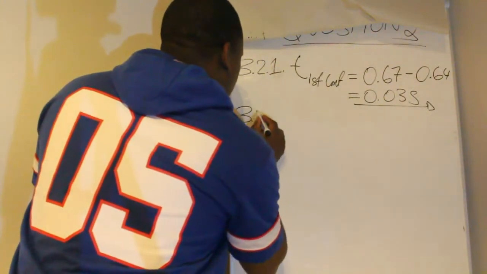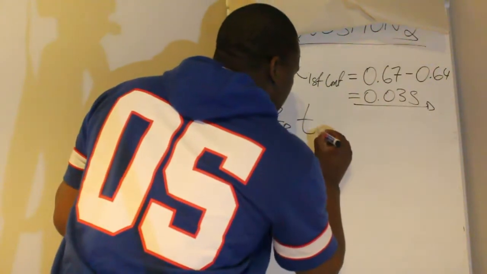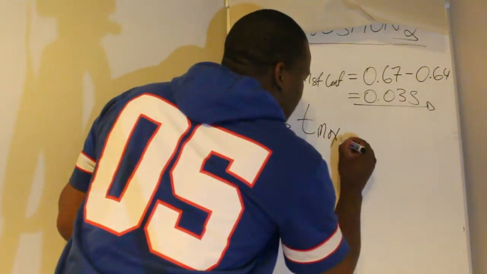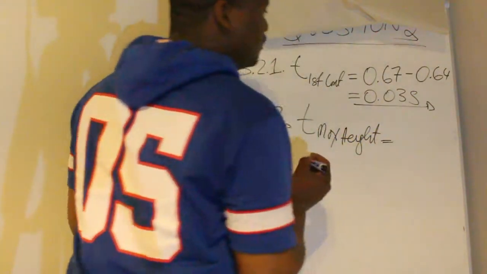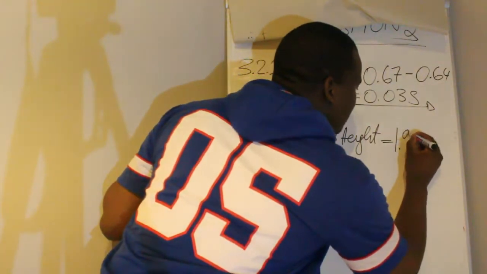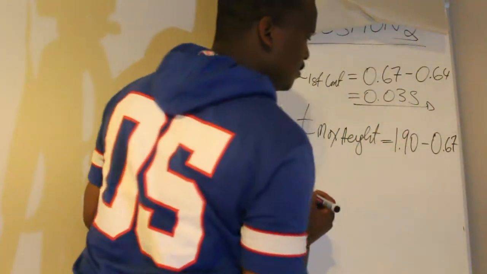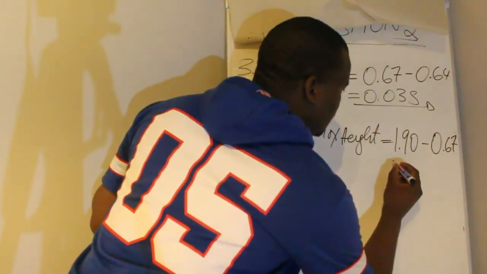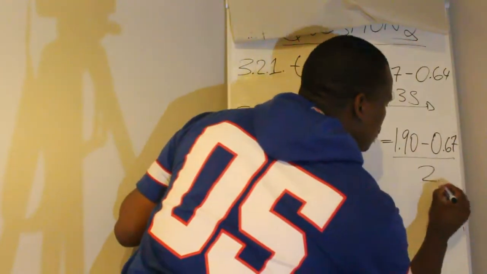So it's 3.2.2. So T at maximum height is equal to the time it returned, which is 1.90 minus 0.67, and then divide by 2.